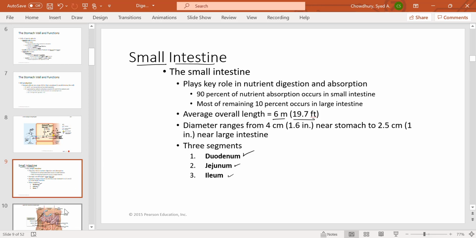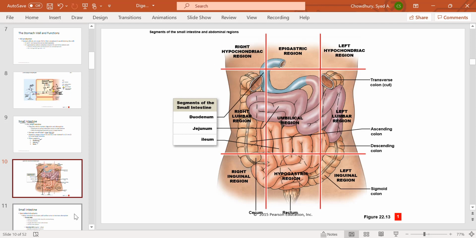I mentioned these parts before. So here you see this blue C-shaped part is the duodenum. So just after the stomach you have the duodenum. Then this part is the jejunum, and this longest part is the ileum.